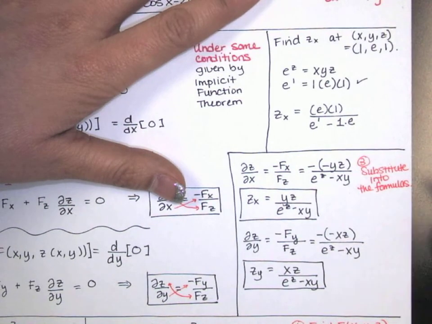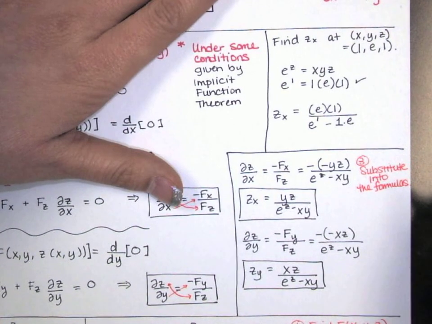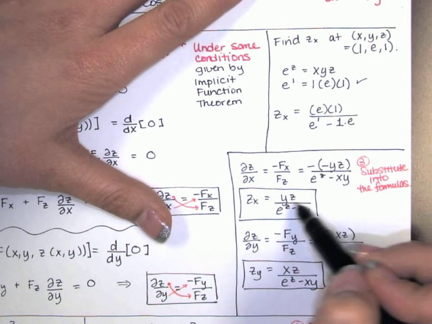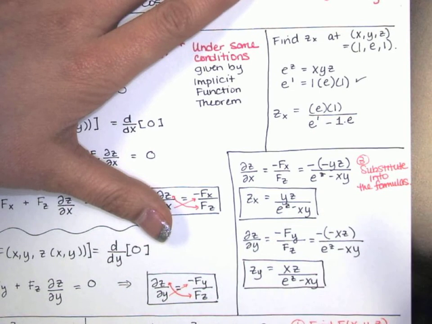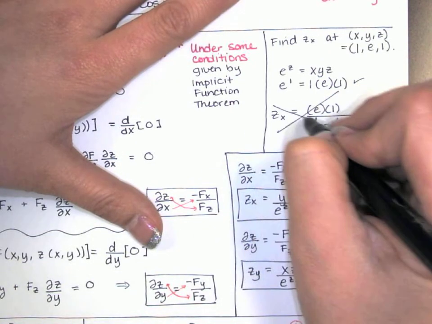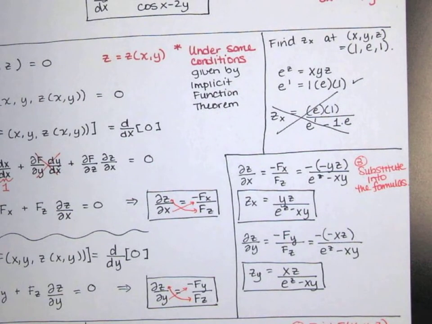Ooh, whoops. At that location, we're dividing by 0, so actually we can't find the slope there because the partial of f with respect to z is 0 at that location. So can't do that. Let's see. Let's try to figure out one that won't give us a 0.